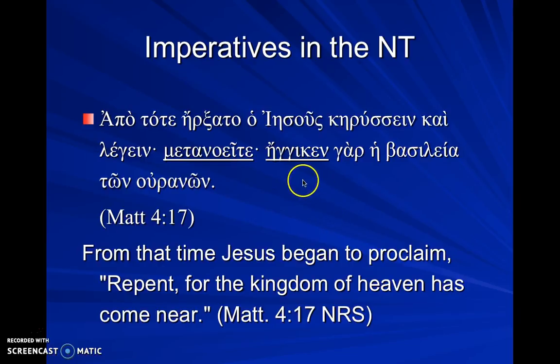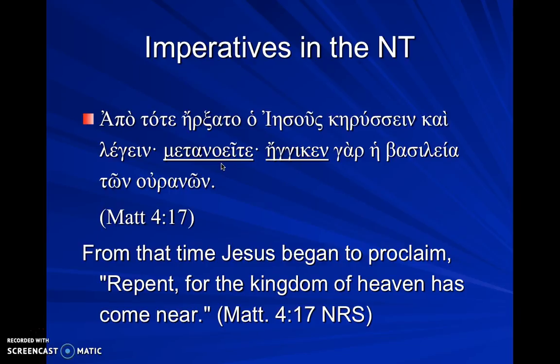In Matthew 4:17, we'll skip to the second part here. Metanoeite, engiken gar he basileia ton ouranon. Metanoeite. Repent. You all repent. Now, even though this is a present imperative, we can't necessarily tell that it's continuous.